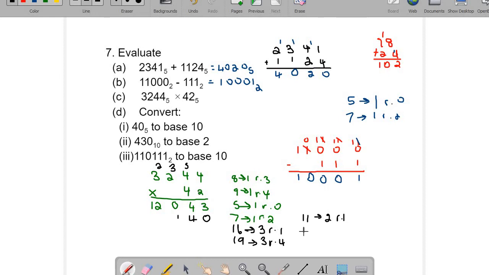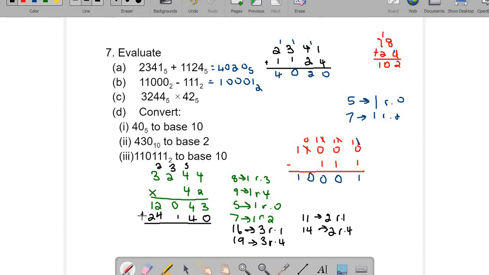Can't write 14, so we're going to write that in base 5 as there are 2 groups of 5s in 14, and that would give us a remainder of 4. Okay, there are no more place values for us to carry that 2 to, so I'm just going to write down 2, 4 at the front of the number, and then we add.